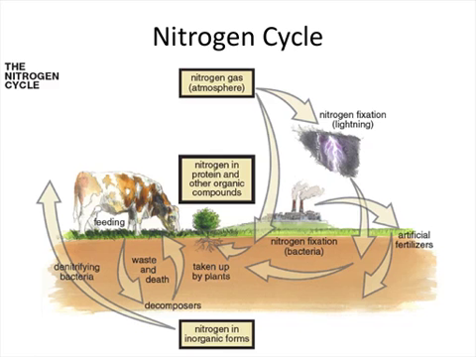But there is a special group of bacteria that live within certain plants, and they help provide nitrogen for the plant so that it can grow and be healthy. And this grouping of plants is called legumes. And these are soybeans, clover, alfalfa, peas.